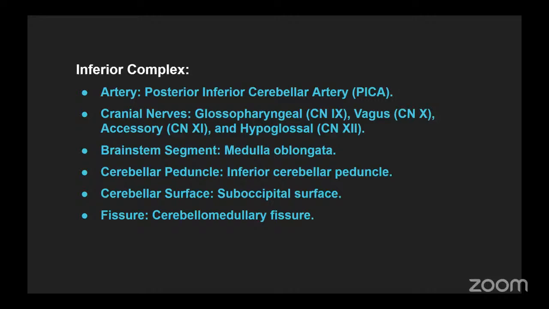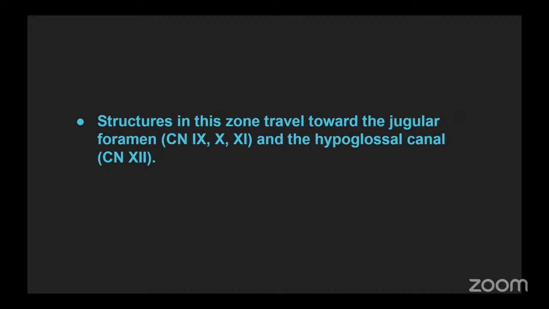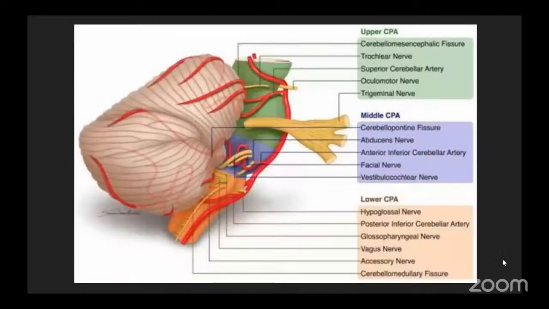We have the medulla, inferior cerebellar peduncle, suboccipital surface, because this is the inferior complex, and the cerebellomedullary fissure. Even if you don't remember all of this, there are two things that you should remember: the artery of any complex and the cranial nerves of any complex.